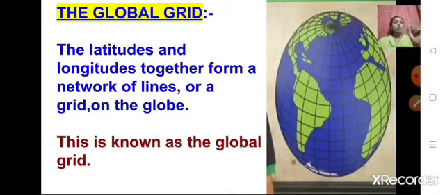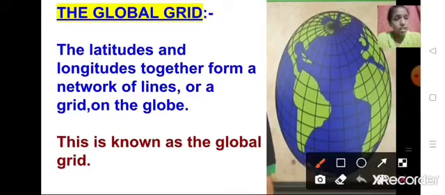And every point of this grid is one location. This is known as the global grid. So whenever you want to locate something, we accurately find the location of that thing on this globe. So this grid defines location on the entire Earth's surface.